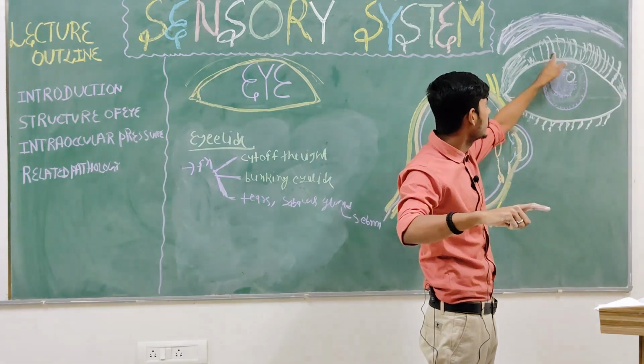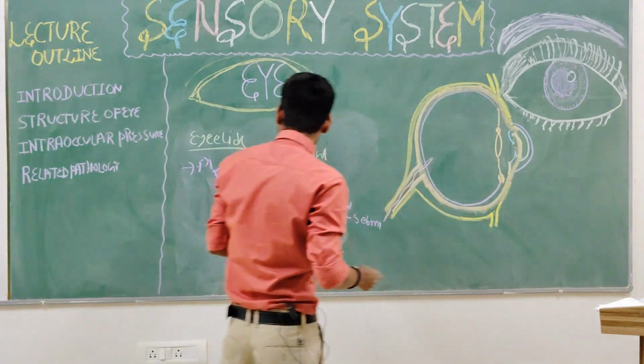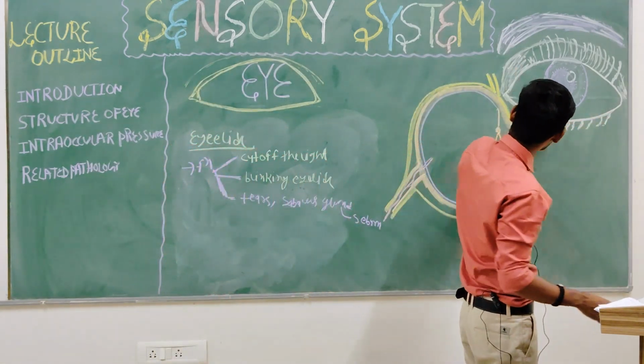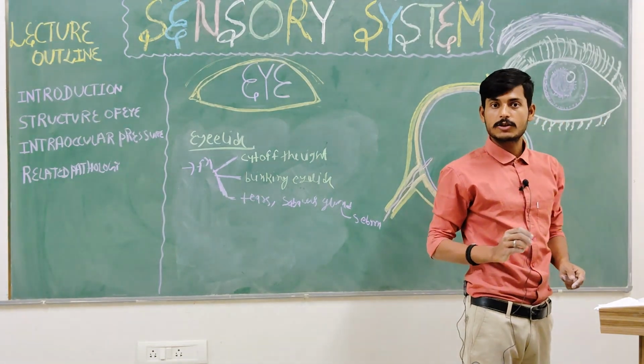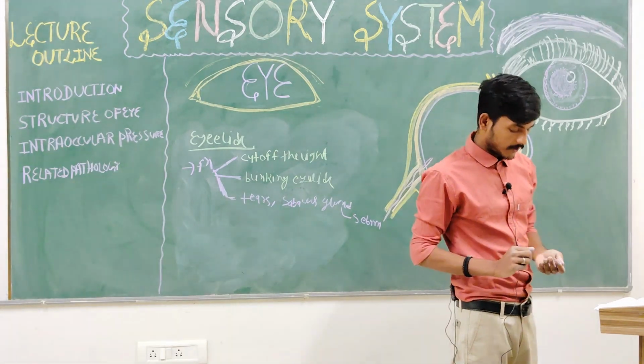Now, these eyelids possess a gland which is called the sebaceous gland. They secrete sebum.